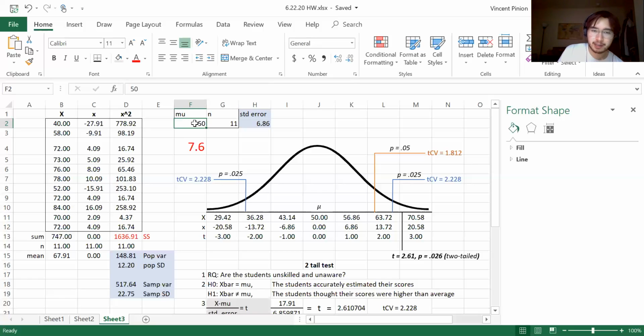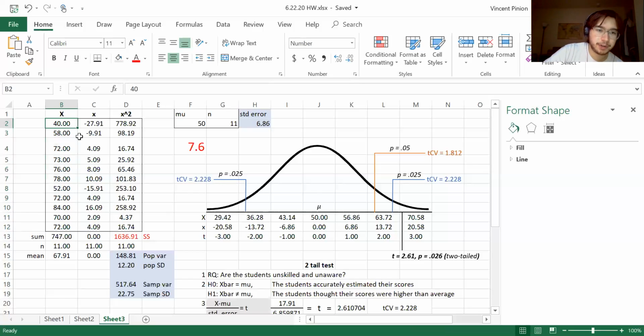So that's setting up the Dunning-Kruger effect. We have the people who are the least skilled, and we're testing that, and we're also testing if they're unaware. How we're testing that they're unaware is we ask them, what score do you think you got on this test? So this list of X's that we're calculating is the scores that they thought they got.